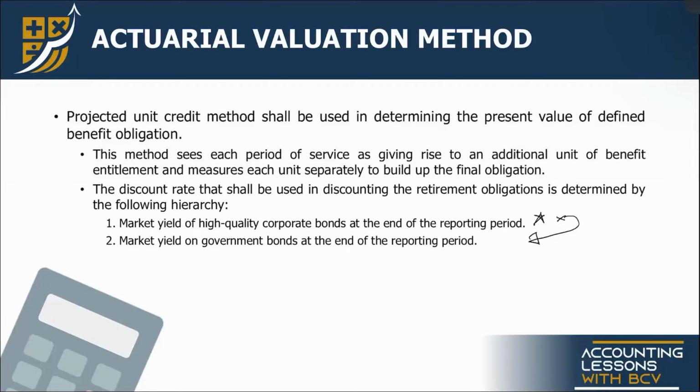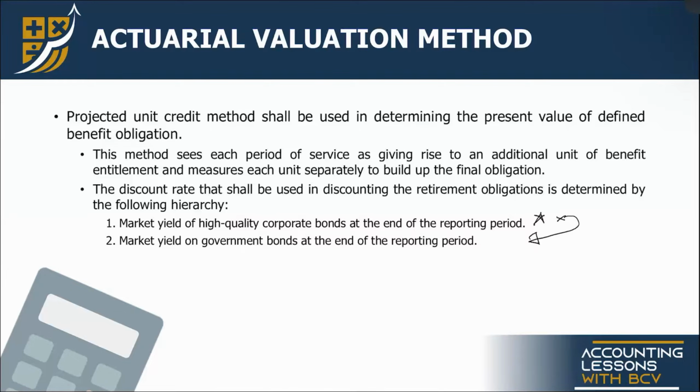Okay? If these high quality corporations do not issue bonds, then bababa tayo sa pangalawa, which is market yield on government bonds. Okay? Such as the treasury warrants. Magkano ba yung magiging treasury interest rate? Ayan. Nakukuha ba? So that is the actuarial valuation method that we will be employing.